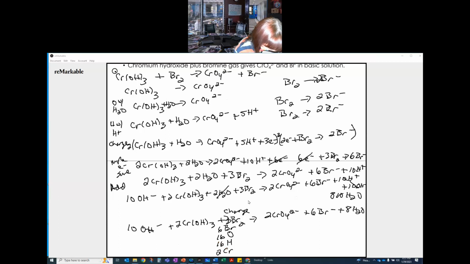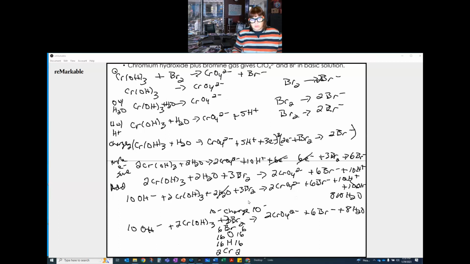And my net charge on this side is 10 minus. If I look at my products, I have 6 Br's. I have 8 oxygen there, and 8 times 2 is 16 oxygen total. I have 8 times 2 is 16 hydrogen. I have 2 chromium. And I have 2 times 2 minus is 4 minus plus 6 minus is 10 minus for my charge.